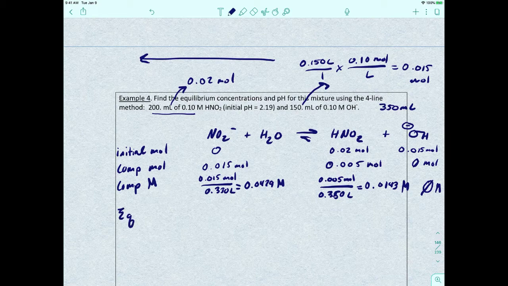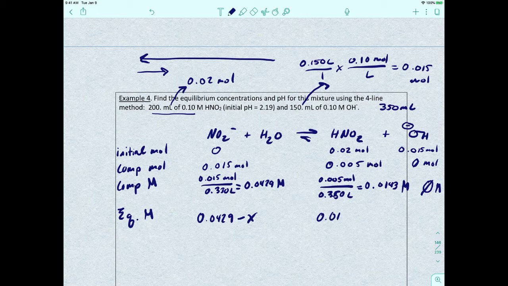All right, so now if we do this from equilibrium, if we go back to the beginning and now go forward from the left-hand side to get to that equilibrium point, we would have 0.0429 molar minus X for the concentration of NO2 minus.